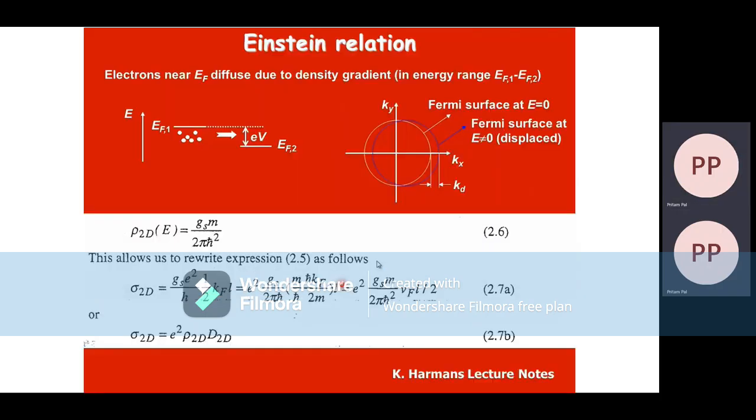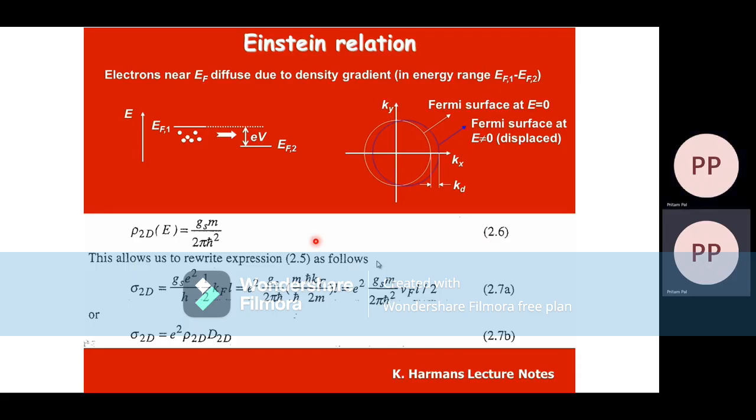So next is the Einstein relation. The same expression can be obtained from the diffusive point of view, which I'll show here, described by the Einstein relation in this context. In this approach, we view the electron transport as a diffusion of electrons from a region of higher density, or higher chemical potential, to a lower chemical potential region.